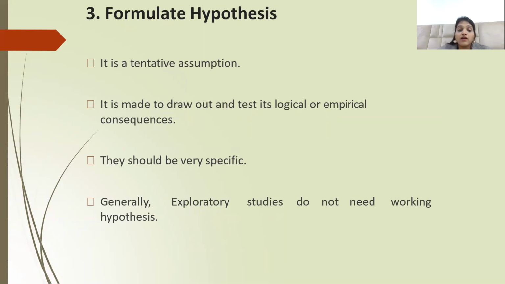And null, we consider it true unless we have some evidence to reject it. Hypothesis we make to draw out and test logical or empirical consequences. Hypotheses need to be very specific. Generally, exploratory studies don't need working hypothesis.